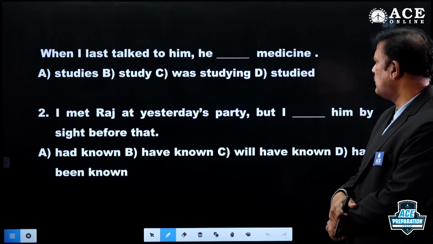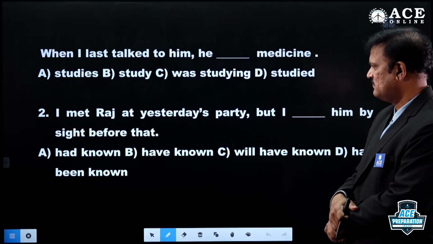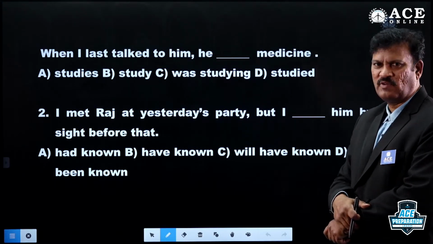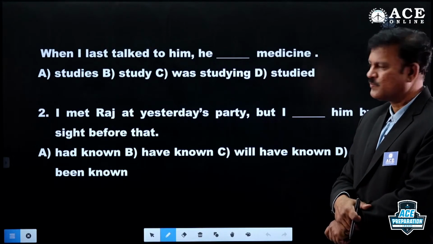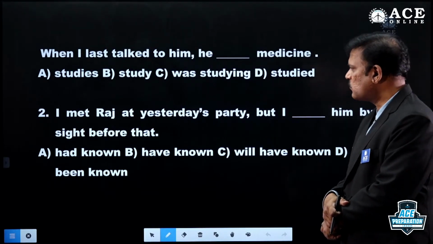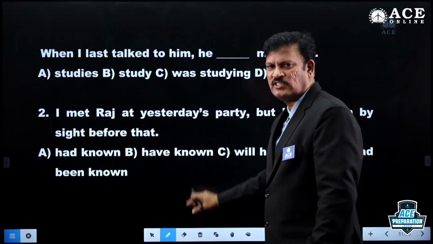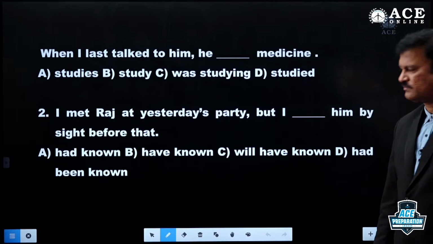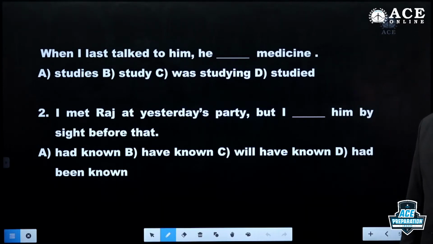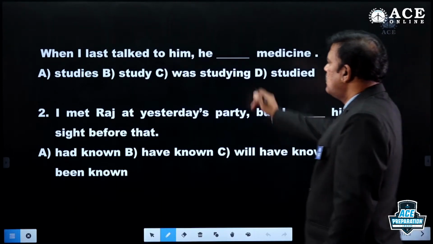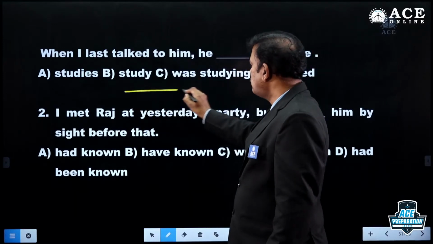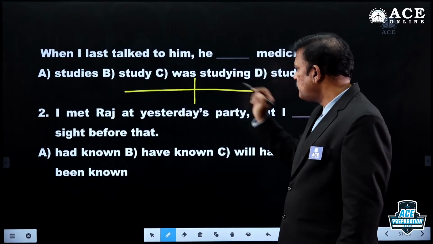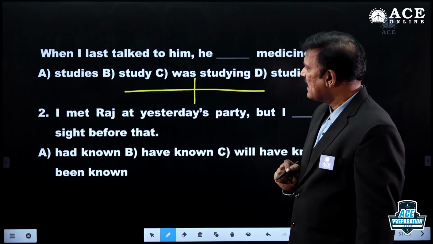When I last talked to him, he dash medicine. You have to choose the right form of the verb. Quickly give me answers for these two questions, then we'll wind up. So my suggestion, guys, whenever you're dealing with these verbs or tenses directly, always check: has he given a time indicator?